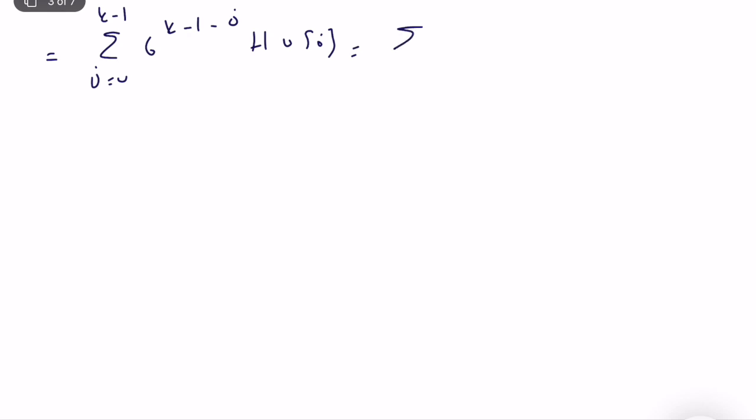Similarly, if I change the order, I can write n is equal to 0 to k minus 1, G to the power n, H u of k minus 1 minus n. As you can see, this is not exactly a convolution, but it looks like a discrete time convolution. If you make some necessary changes of variables, you will see that this is actually the convolution operation. Okay, good. So that's nice.